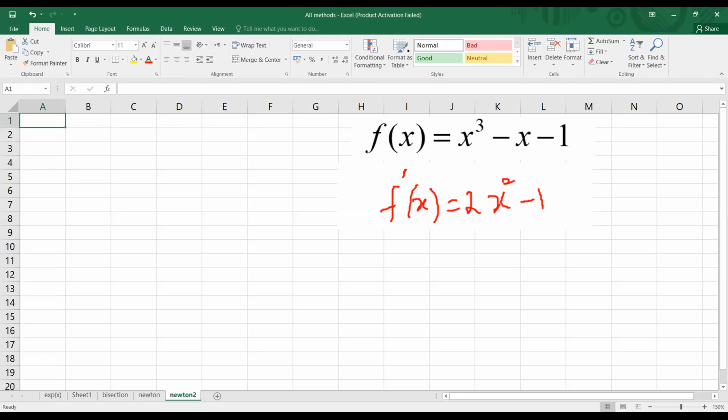Now you can see in Excel, the function is x cube minus x minus 1, and the derivative is 2x square minus 1, and the initial guess x naught is 1. This was the value of the initial guess we have.